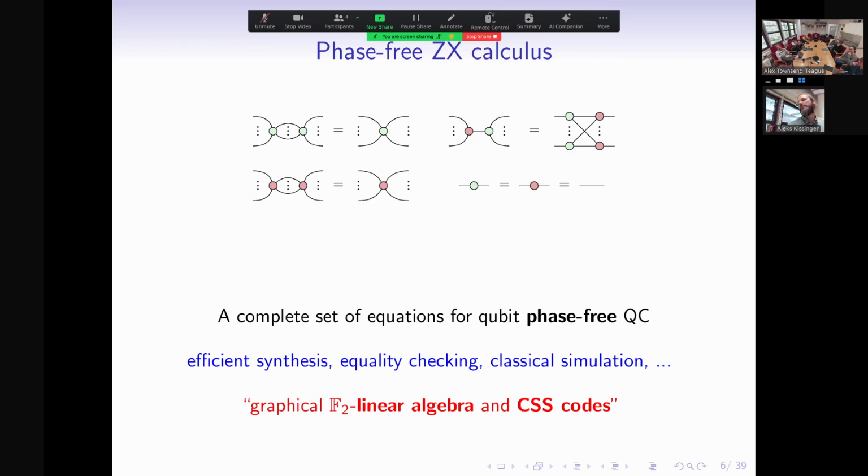I was thinking more about, so I have two phase-free ZX diagrams that represent the same linear map. And it was not clear to me that they are always deformable into each other if you don't include the Hadamard. I think I can explain the proof here, but the intuition is that if those two diagrams are equal, then they both describe the same affine subspace.